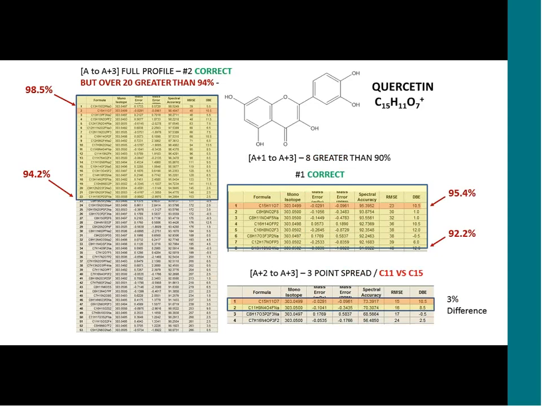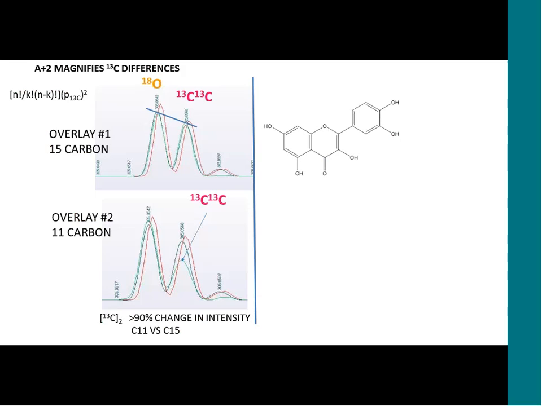And these are from 2 answers here, a C11 compound versus a C15. And using that information, C11 versus C15, one can go on to ascertain which is correct because of the large difference of 4 percentage points on the relative abundance of C11 compound and a C15 compound.